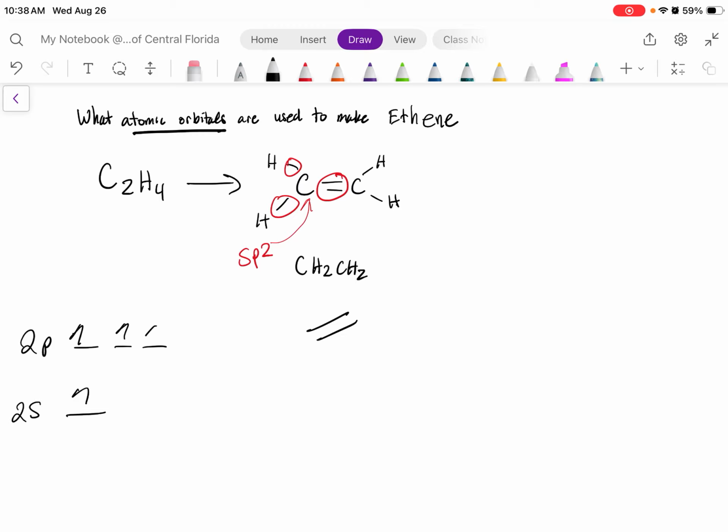There's the 4 valence electrons. And when we hybridize it to an sp2, what are we going to do? We're going to take 1 s and 2 p's and hybridize them. And so when we hybridize, those 3 orbitals are going to become degenerate, the same energy level, sp2, those 2 right there.